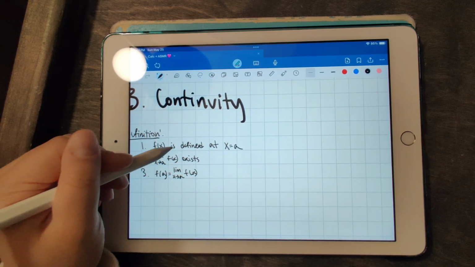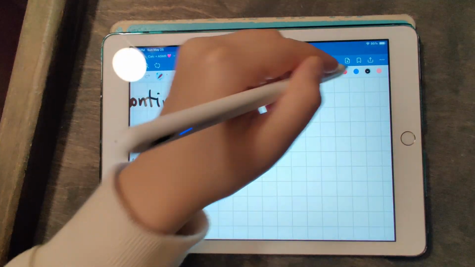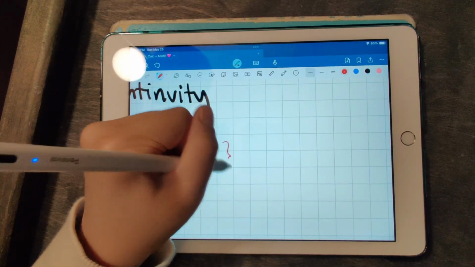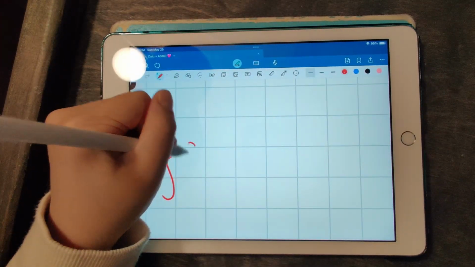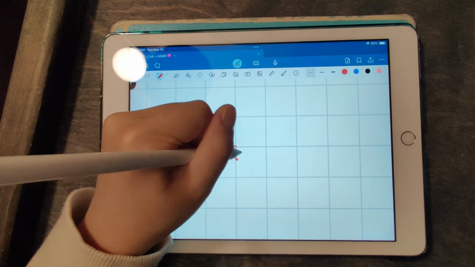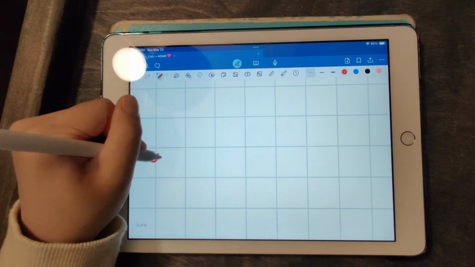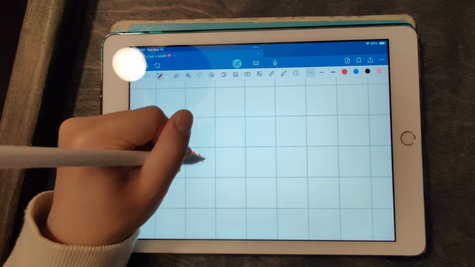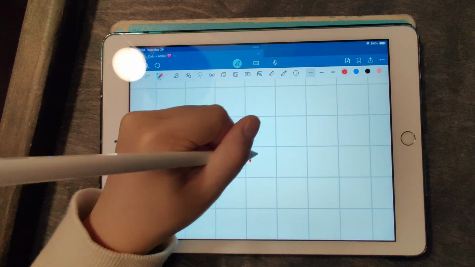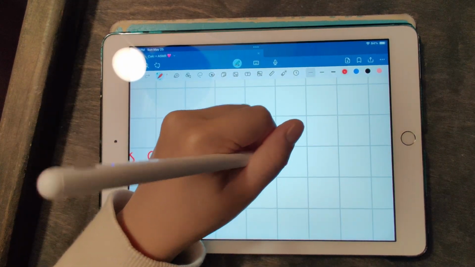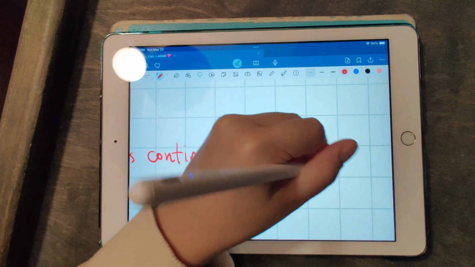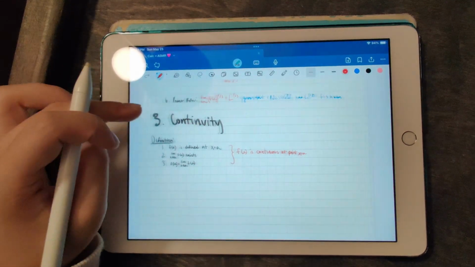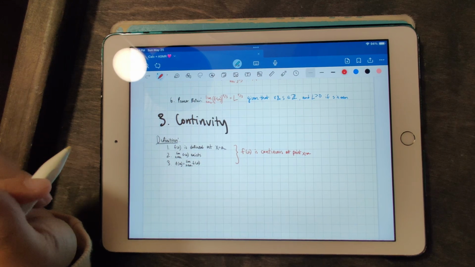If all of these requirements are met, then we can say that f of x is continuous at the point x equals a.